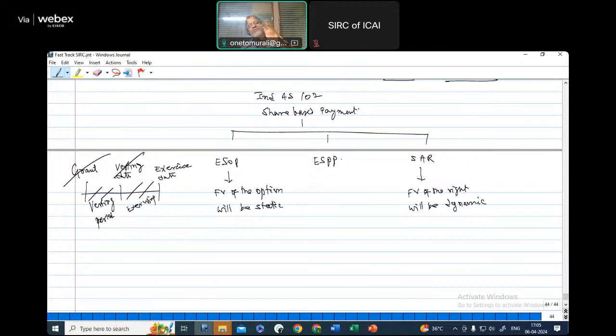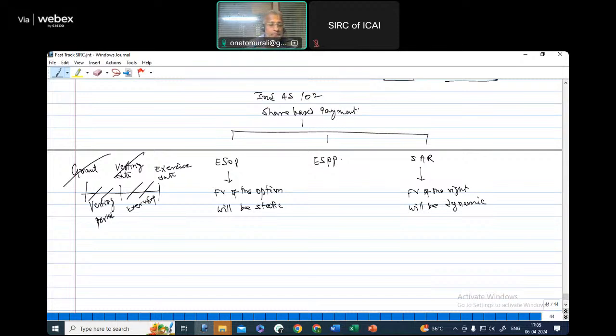The concession we will debit to ESOP reserve. Credit will be given to the face value of the equity capital and securities premium. The balance, if any, left over in the ESOP account shall be transferred to other retained earnings or other equity in the statement of changes in equity.